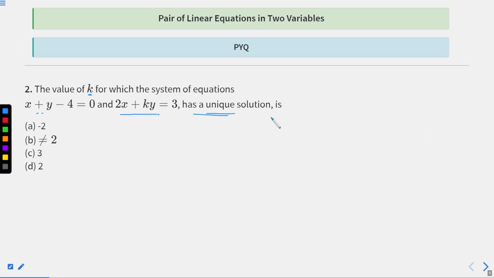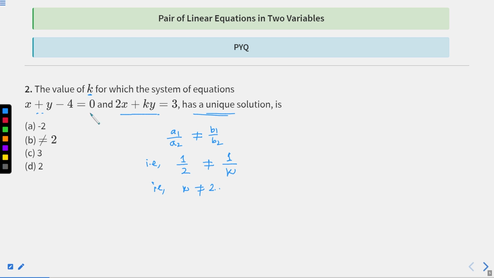For a unique solution, a1 by a2 does not equal b1 by b2, that is 1 by 2 does not equal 1 by k, and that is k does not equal 2.